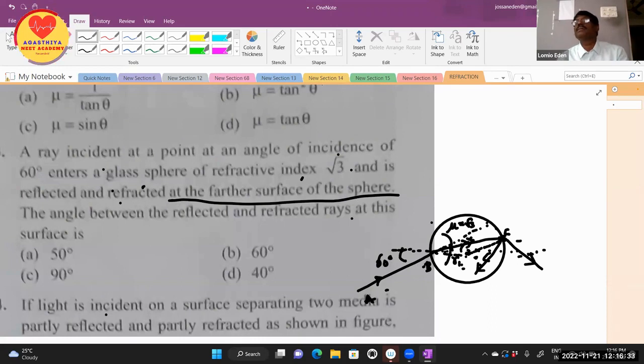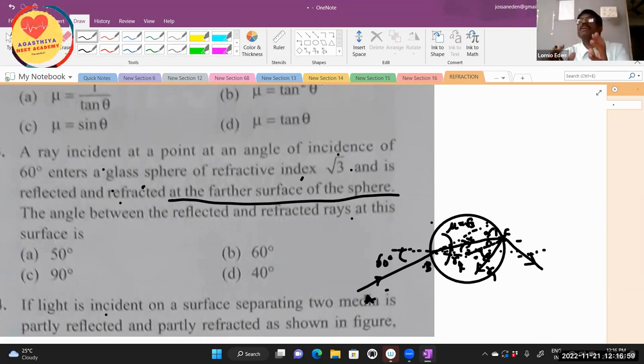Both are in the same medium. Therefore, this angle is also the same. Say this one R1, this is also R1. Again, this phenomenon is reflection. Both are the same. Understand or not? Because of the same medium.